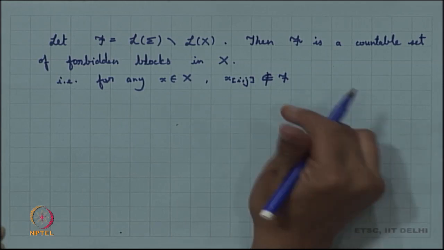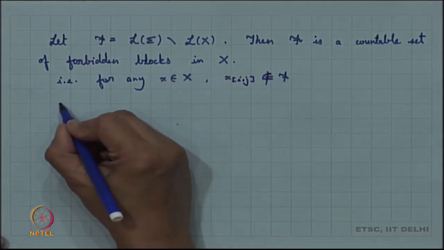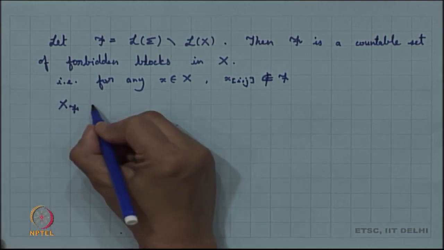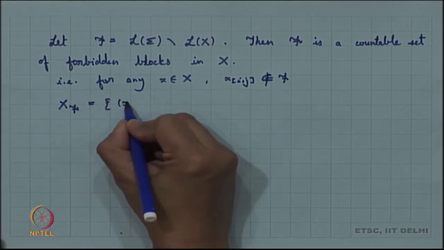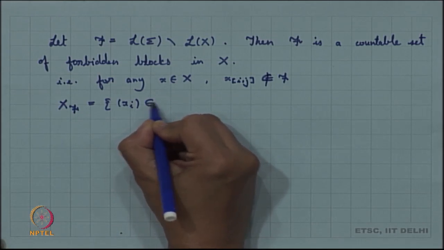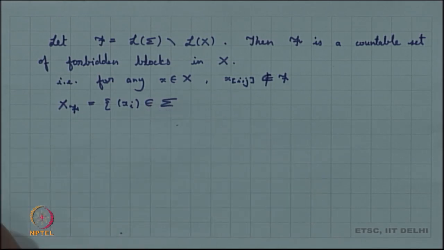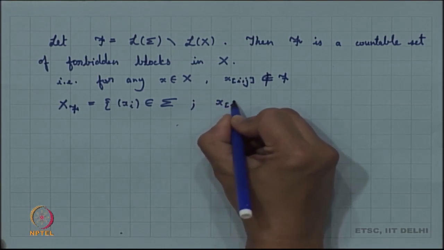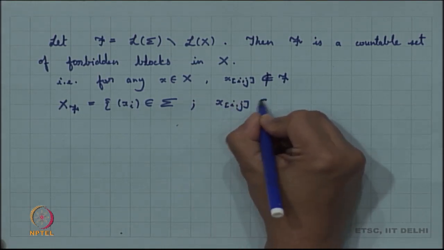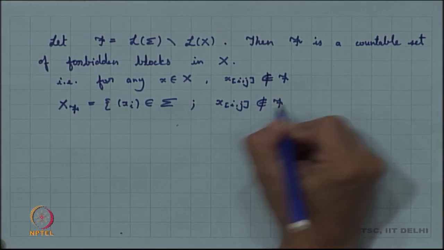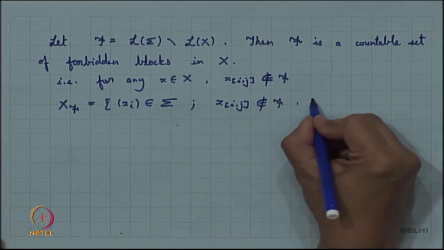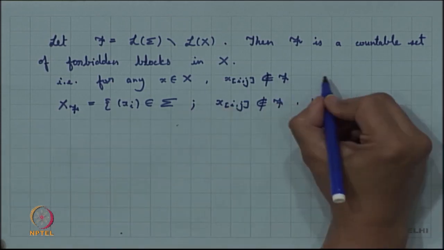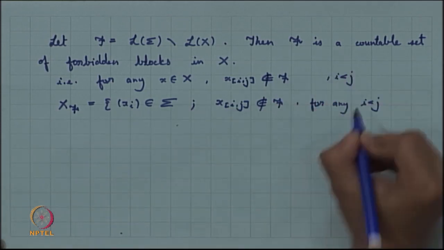So looking into this set F, I can define a set X_F to be the set of all sequences x in sigma. I am looking into all such sequences such that no block in them appears in F. You can think of this for any i less than j.